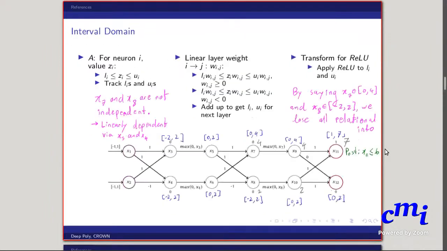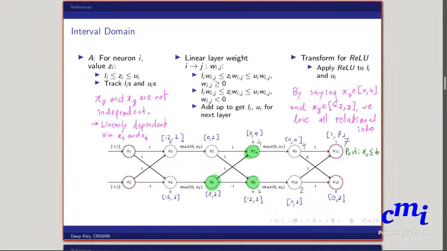Okay, so this was motivation for why the interval domain at the very least is not good enough. One key thing I want to point out is that, at least in our example, the reason it failed is because x7 was really dependent on both x6 and x5, right? Sorry, x7 and x8 were together dependent on this x6, and because they were both dependent on the same variable x6, they were in fact dependent on each other, right?